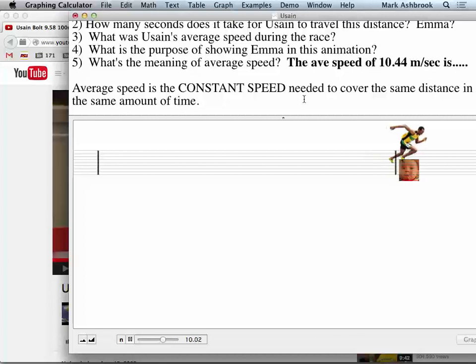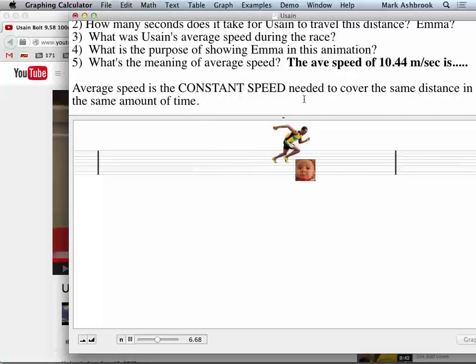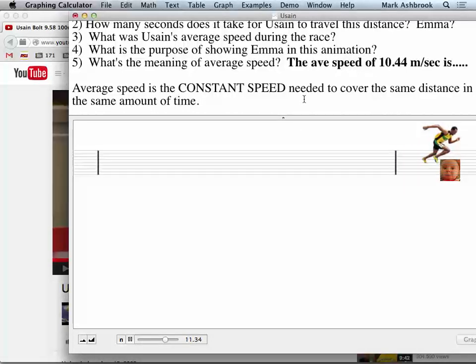So average speed is not adding up a bunch of things and dividing by the number of things, like you average your test scores, right? It's a parallel situation where you have constant speed such that you cover the same distance in the same time. So Emma represents the average speed of Usain. Okay.